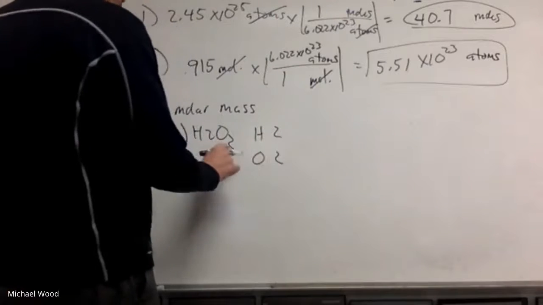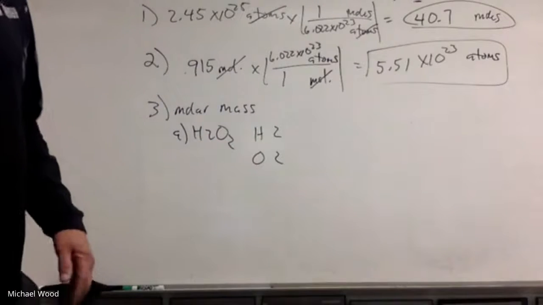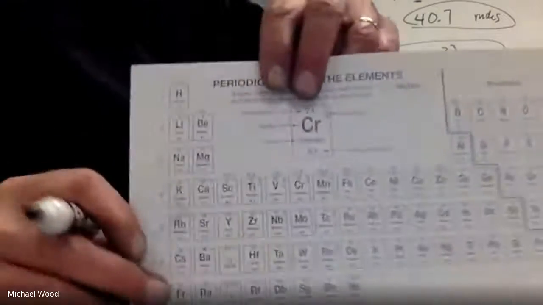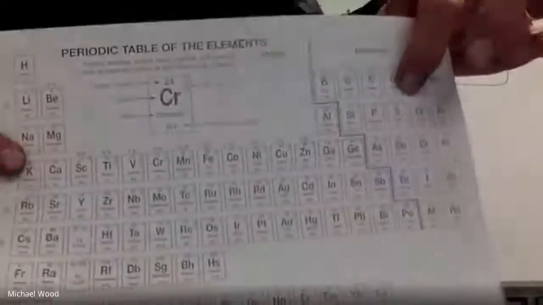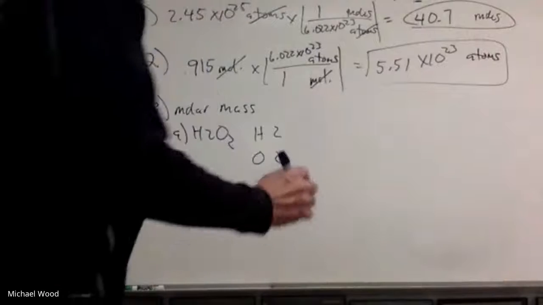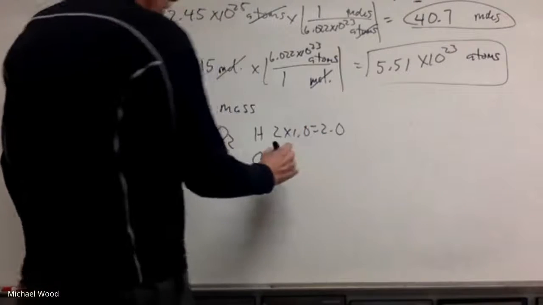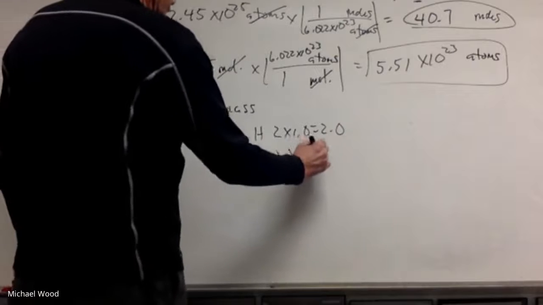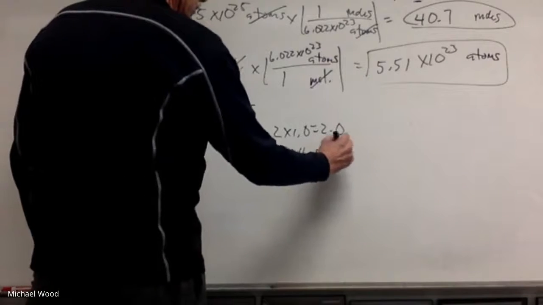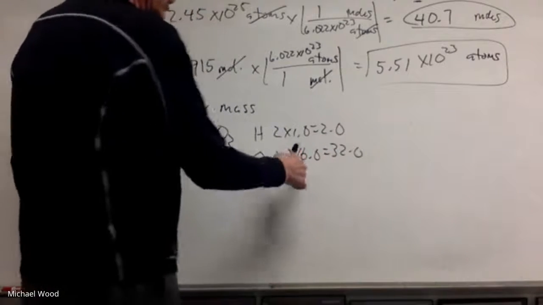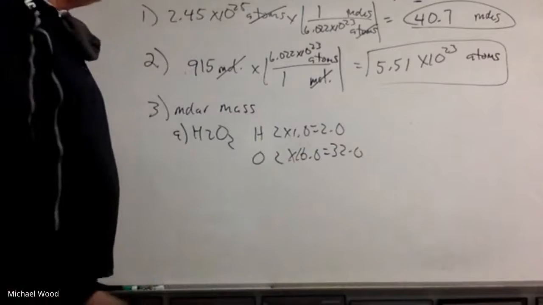There's 2 hydrogens and there's 2 oxygens. Now I go to the periodic table and I look up the mass of hydrogen and the mass of oxygen. Hydrogen is 1. Oxygen is 16. These numbers came off of the periodic table.